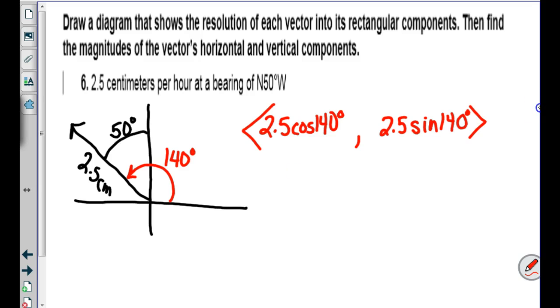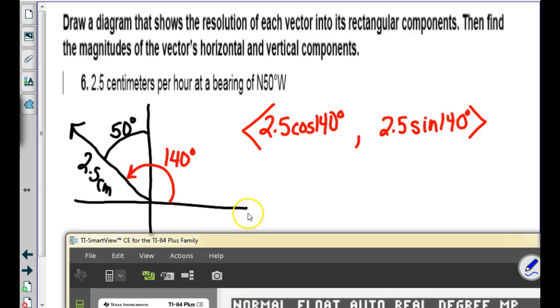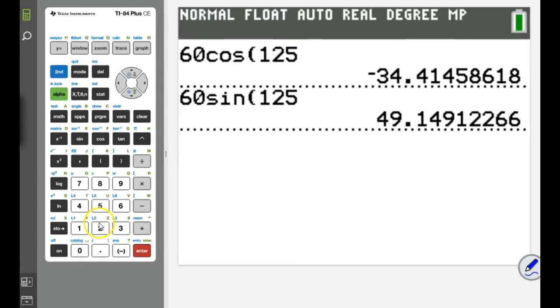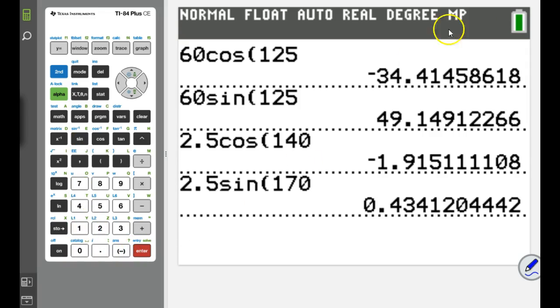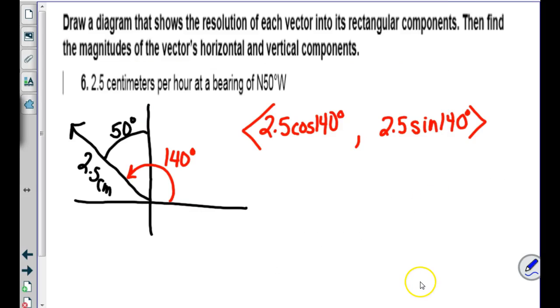Anybody type in for me? You're fine. 2.5 cosine 140 and 2.5 sine of 140. Did I do sine first? No, I didn't. Negative 1.9 and 0.43, something like that. Did I type something wrong?